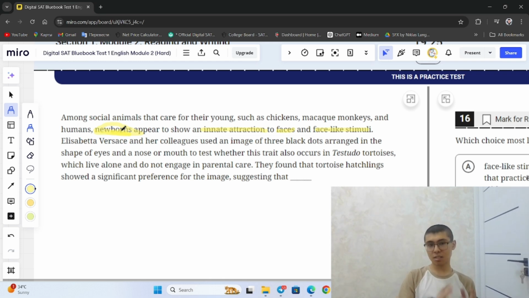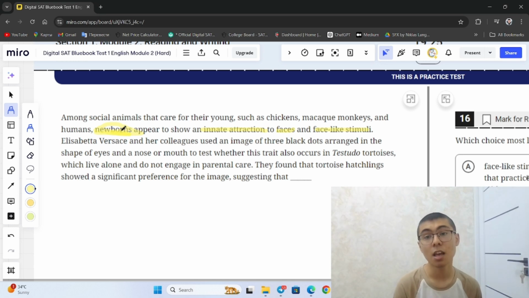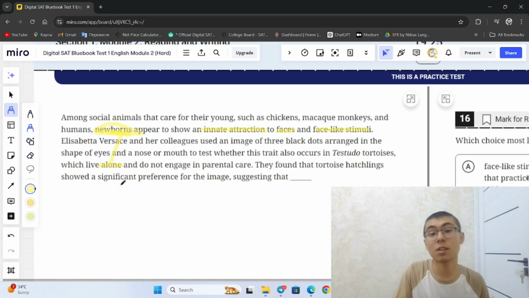So Hans, she or he, and her colleagues used an image of three black dots arranged in the shape of eyes and a nose or mouth to test whether this trait occurs in those types of species which live alone. Okay, so they live alone and they do not engage in potential care.